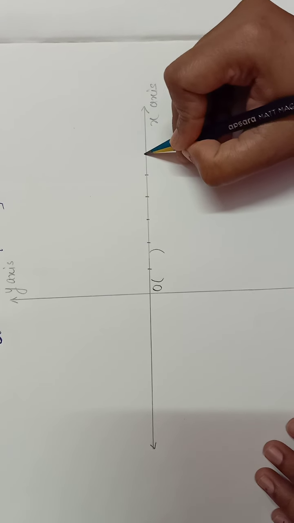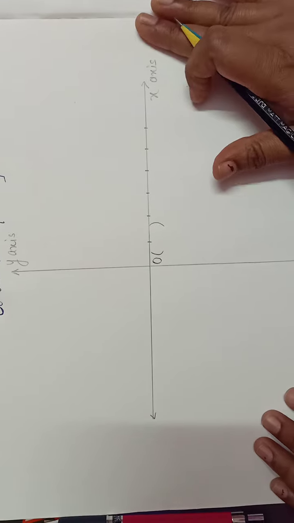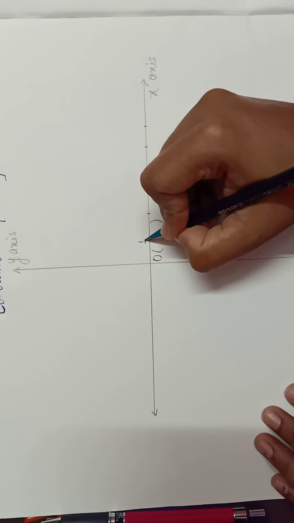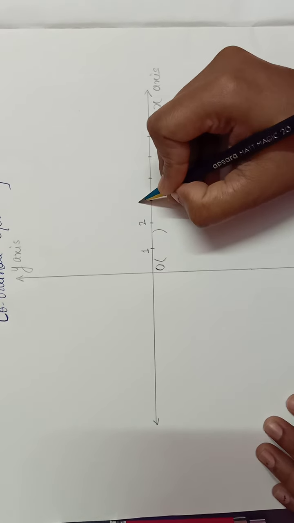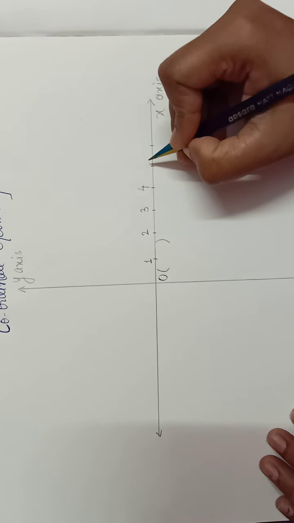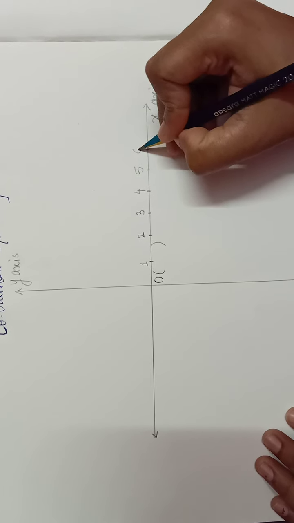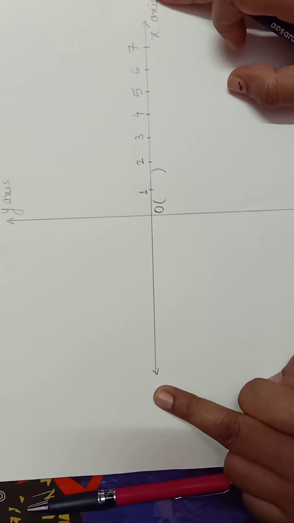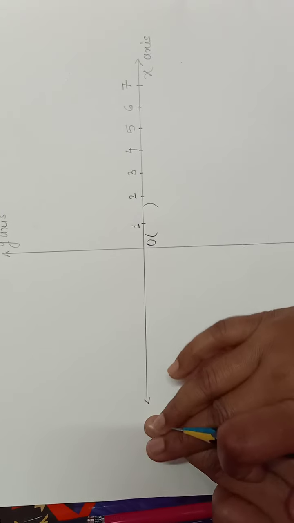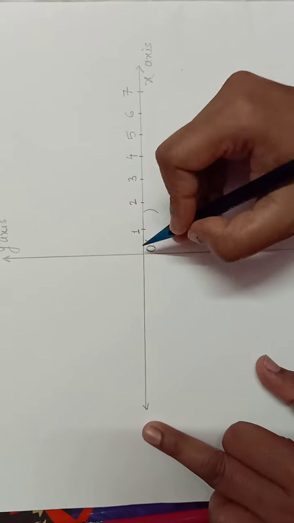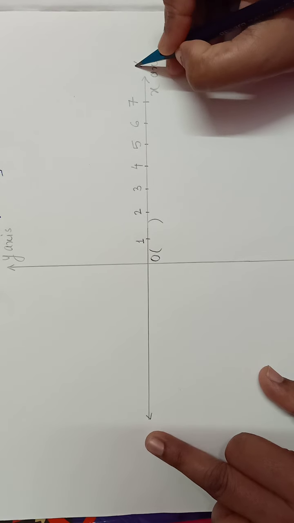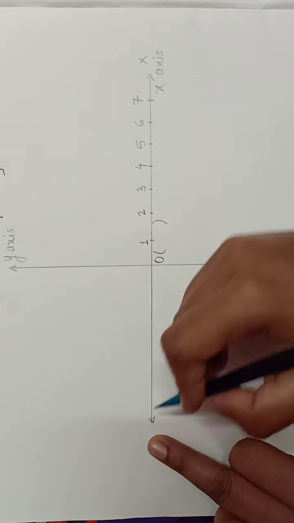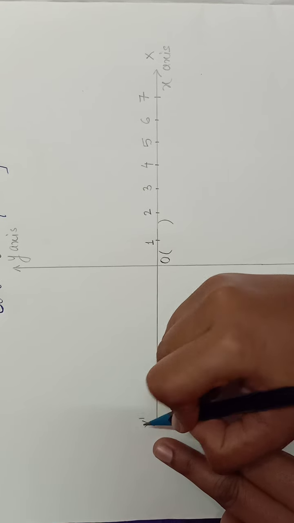On the x-axis, right hand side, we will mark all the positive integers. This way. And on the x-axis, to the left hand side, we can also say OX is positive and OX dash is negative.